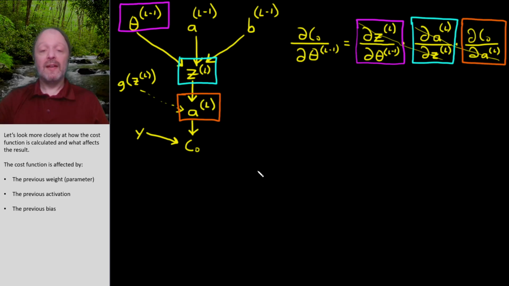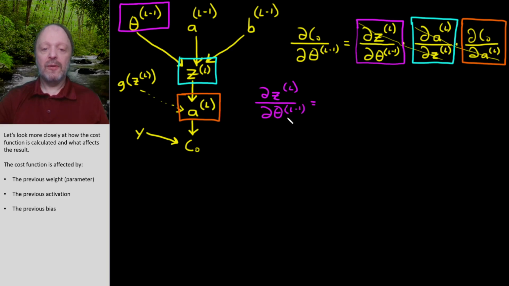Alrighty, so let's work each of these pieces out. Let's do the purple piece first. Actually, let me go to purple and we'll do the whole thing in purple to really emphasize it. So the partial of z with respect to the previous weight.